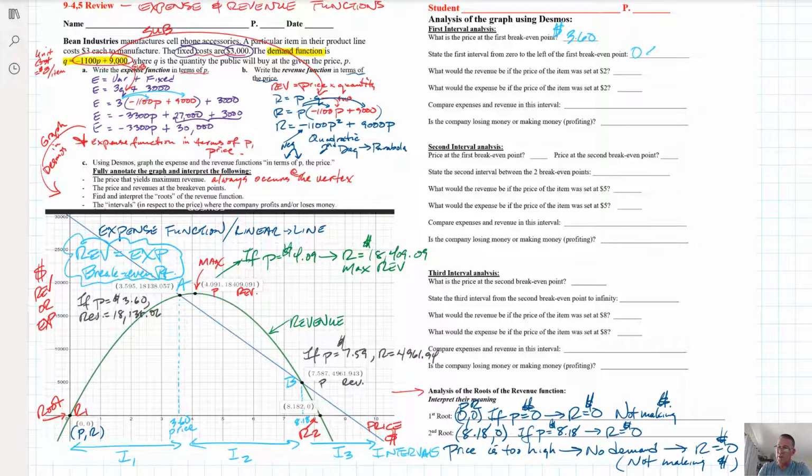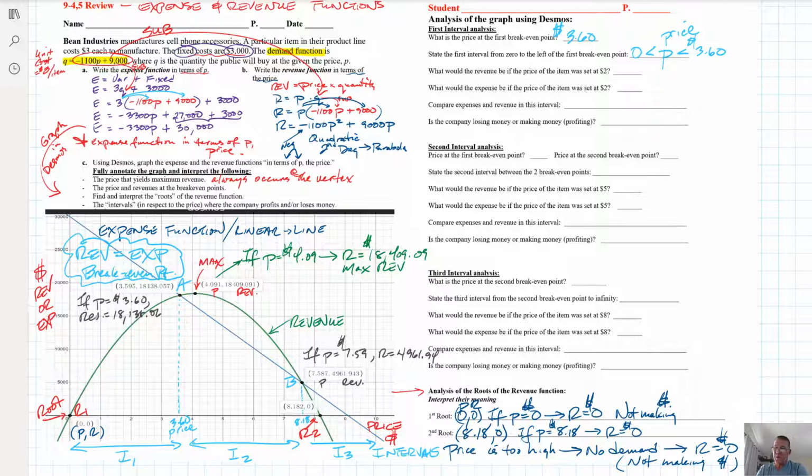So 0 less than the price, less than $3.60. There's your interval, where the price, and this is P for price, is between 0 and $3.60. That's what's called a compound inequality, and it simply means that the price ranges from 0 to $3.60 in that first interval. Use a compound inequality to do that.